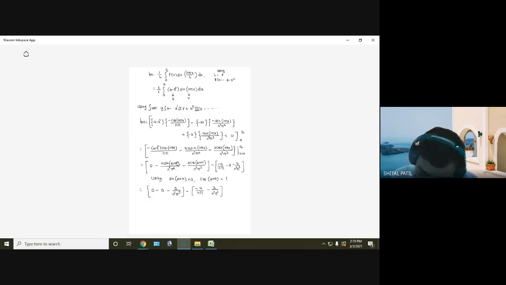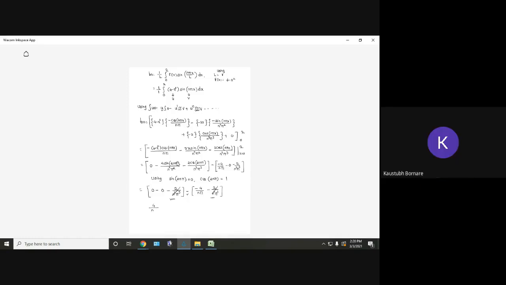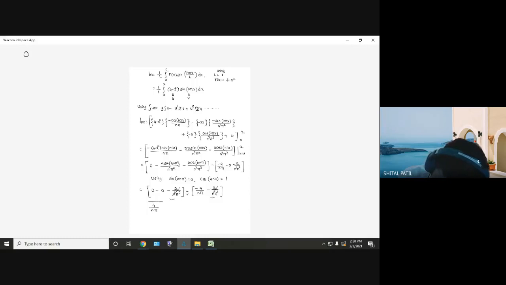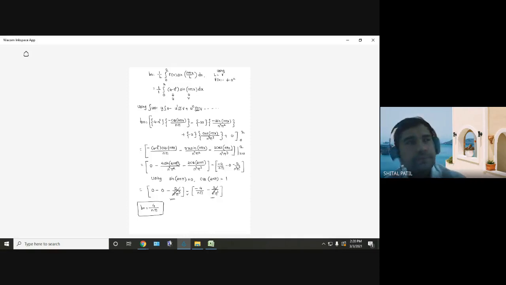Just see, in the first term we have minus 2 by n cube pi cube, whereas in the second we have minus minus plus, so we can cancel it, and what will remain with us? Plus 4 divided by n pi. This is the bn. Understood?